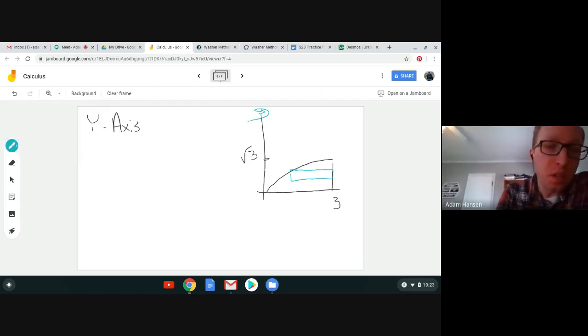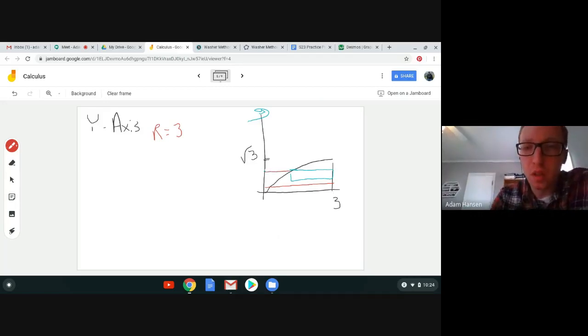What are the two radiuses? Well, the large one is obviously 3. But what is the small radius? The gap. This distance is the square root of x, from the top of the region down to the bottom.